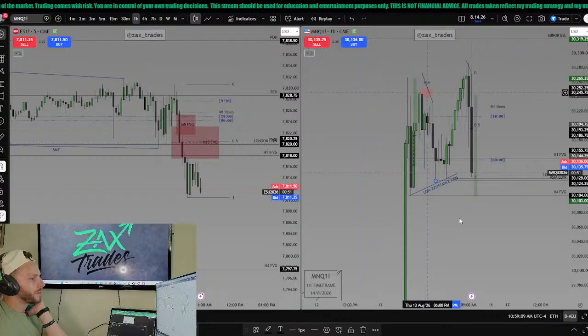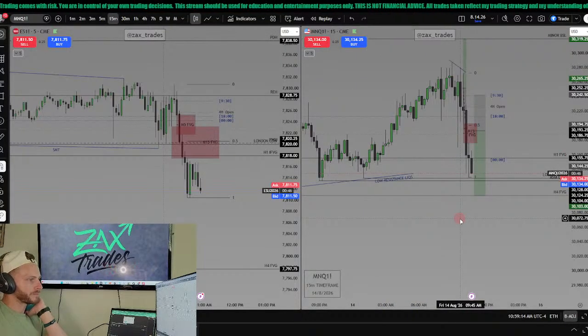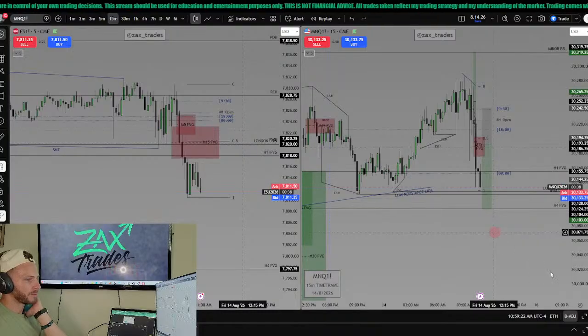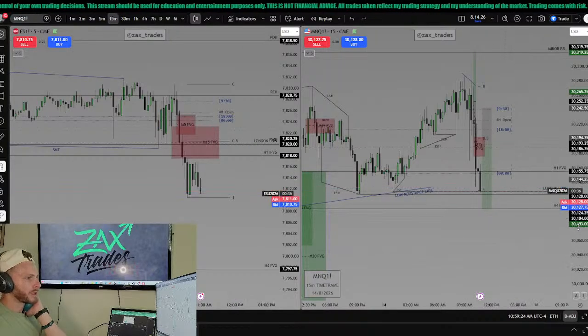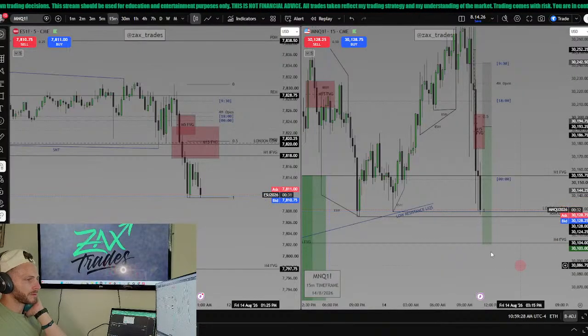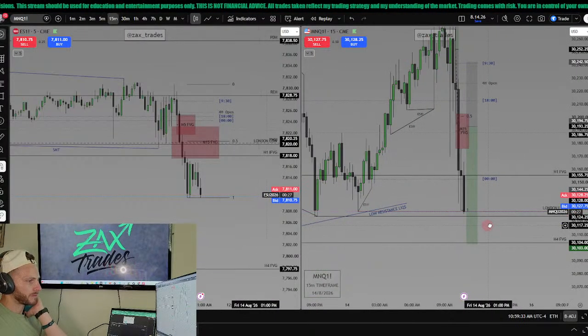So maybe we can get this thing, just maybe. Now this thing just made relative equal lows to those. Yeah, I knew this was about to get swept.